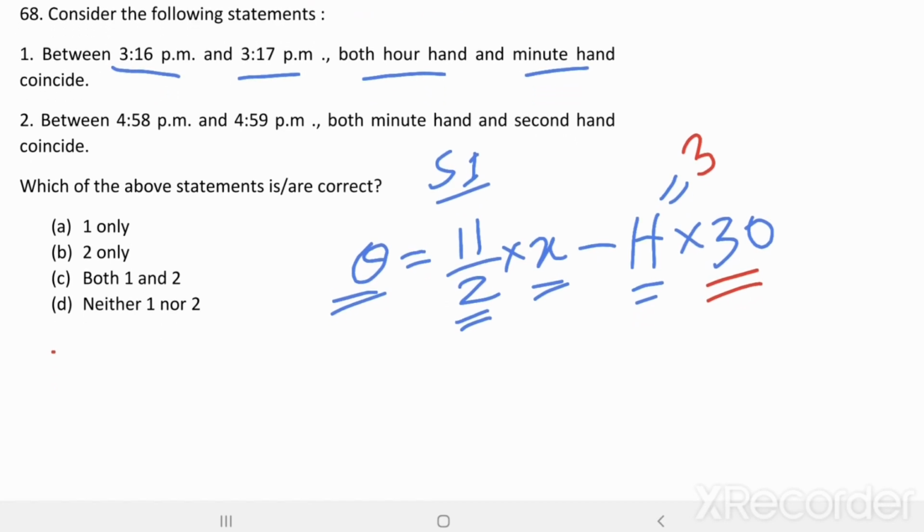Then when both hands coincide, theta equals 0. Then 11 by 2 into x, where we want to find the minutes passed, equals h into 30, that is 3 into 30.